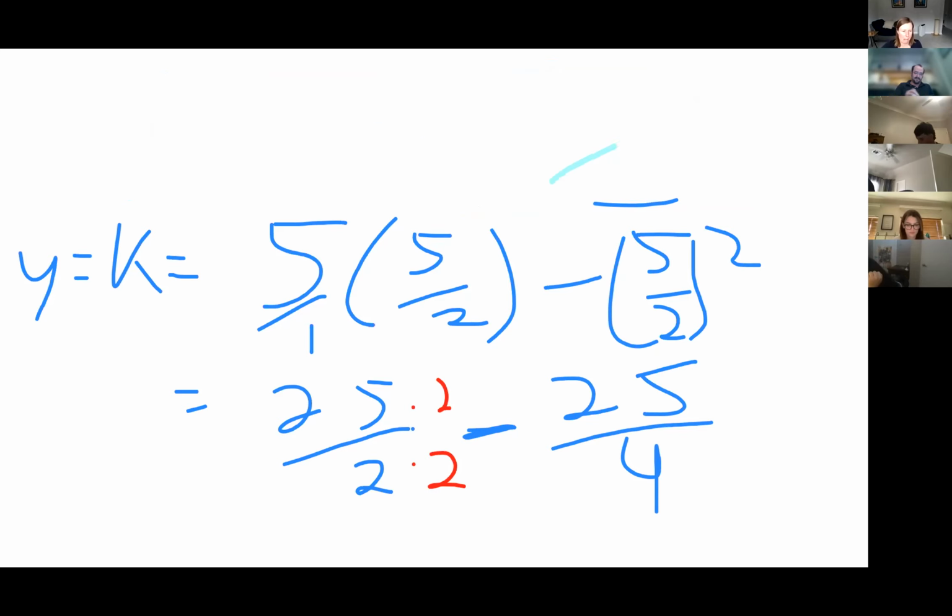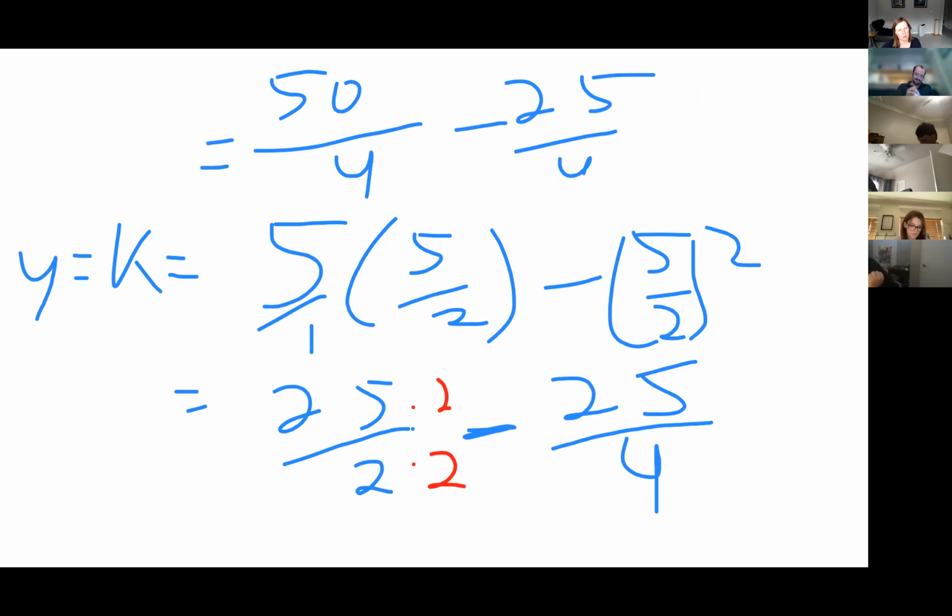So then we're going to have 50/4 minus 25/4, I think is what we end up with. And I think that's just 50 minus 25 over 4, which is 25 over 4.